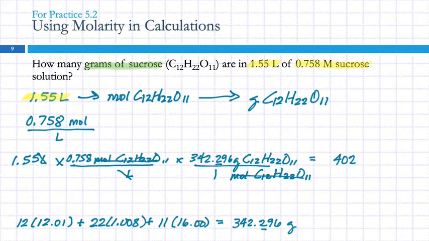So in evaluating significant figures, both of the numbers that I started with had 3. This had more than 3, and so my answer should have 3 sig figs. I'm going to write down 2 extras, because that's what I do. And then we'll say this is 402 grams.